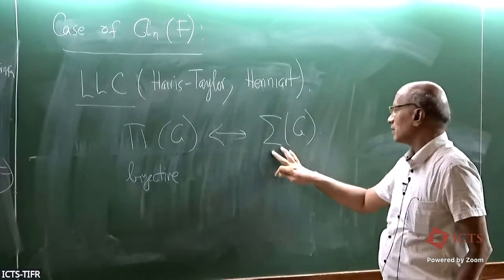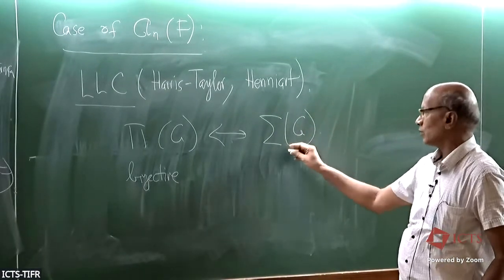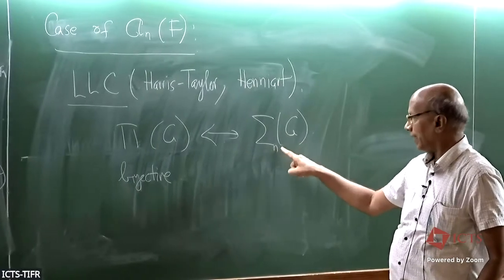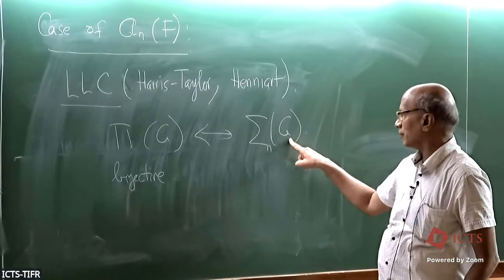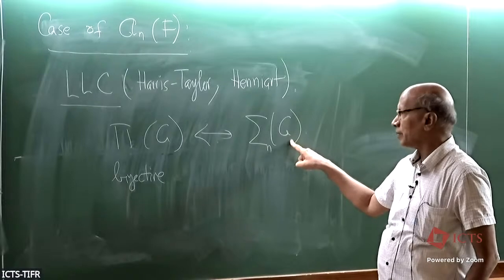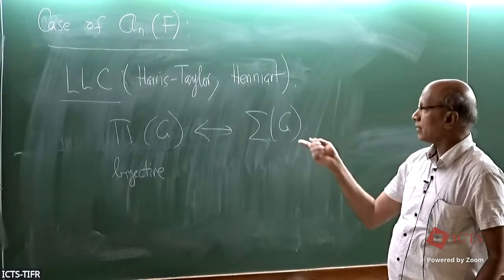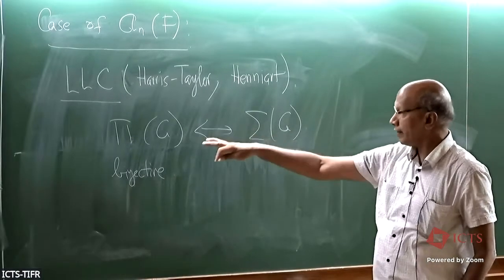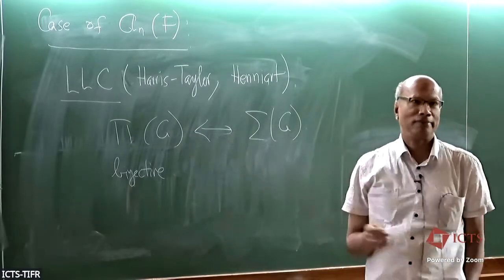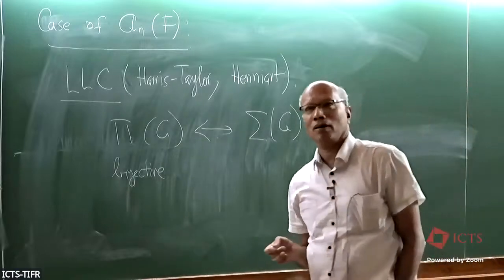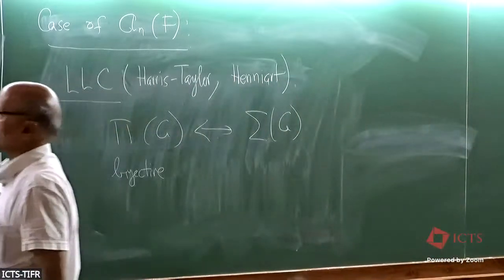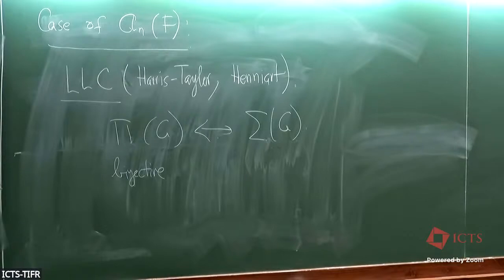Instead of GL_1, with GL_n, n-dimensional representations of the Weil group are identified to representations of GL_n(F). That is called the local class field theory, and the local Langlands correspondence is supposed to be a non-abelian generalization of the local class field theory.